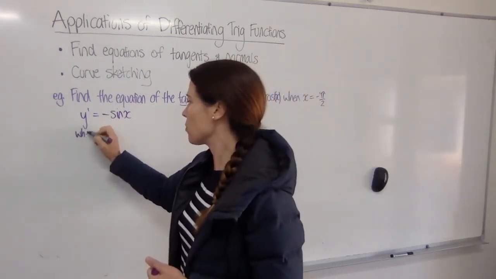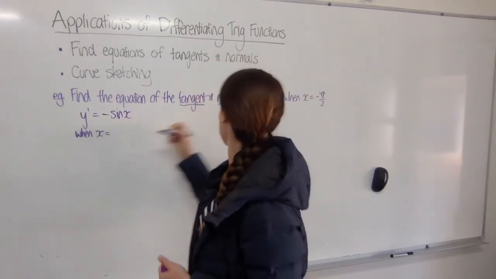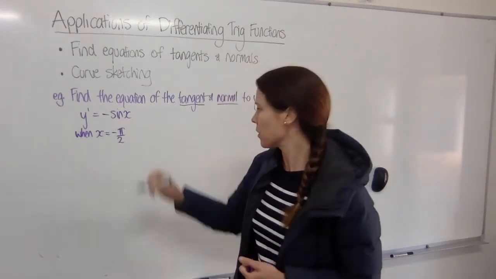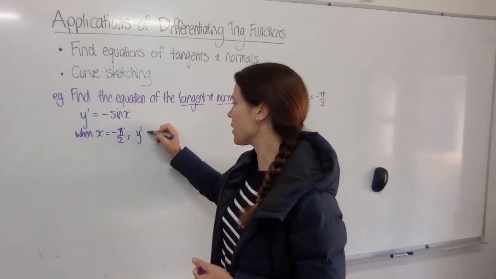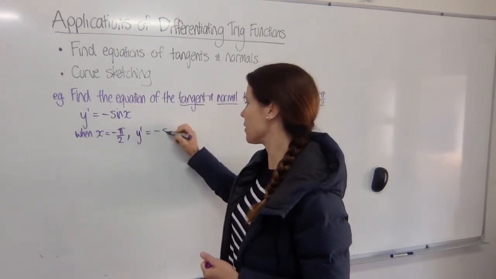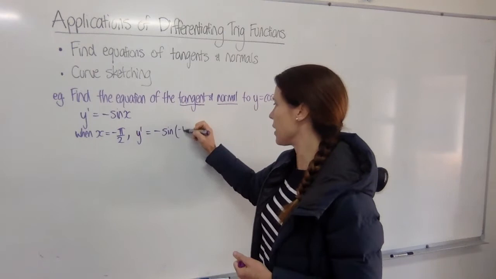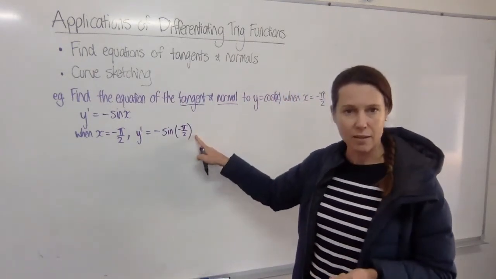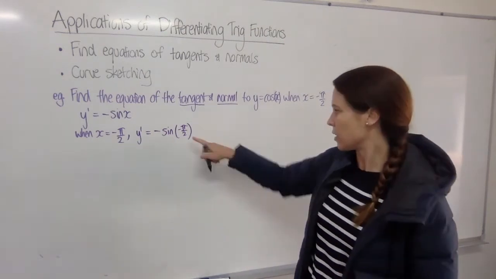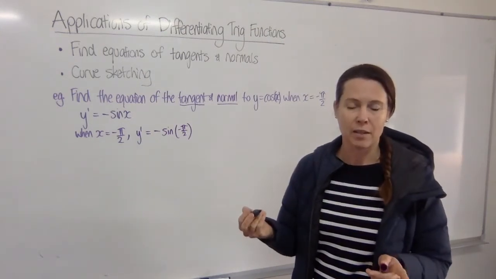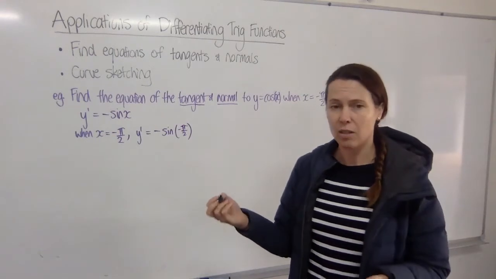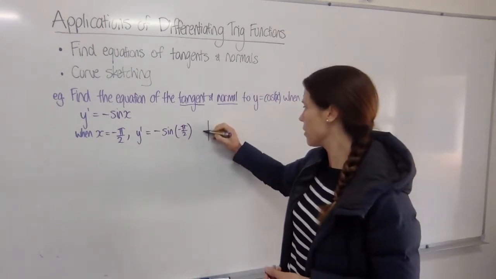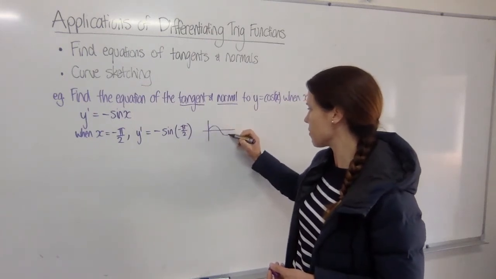So what do we get when we sub in our value of x, negative pi on 2? Well, when we do that, our gradient is going to be negative sine of negative pi on 2. Now, there's a lot of ways you can proceed from here. You could reach for your calculator, put it in radians mode and find out what that is. It's probably actually quicker though to think through what your curves look like. I've got the sine curve as something that I can very easily and simply draw in my head.